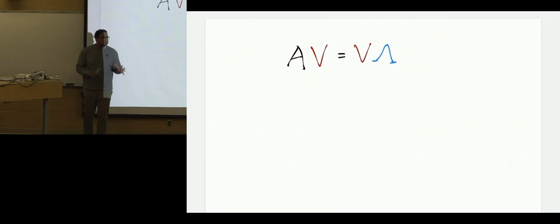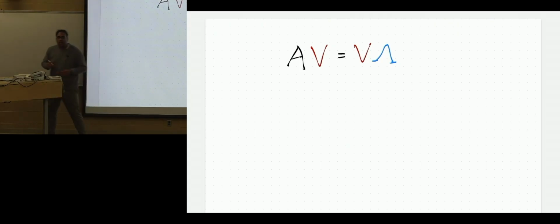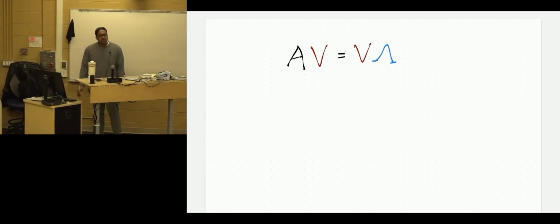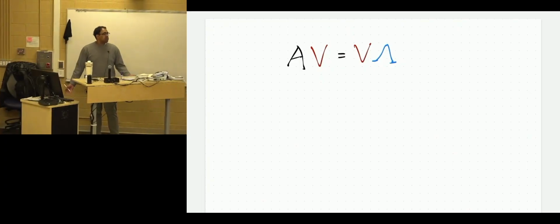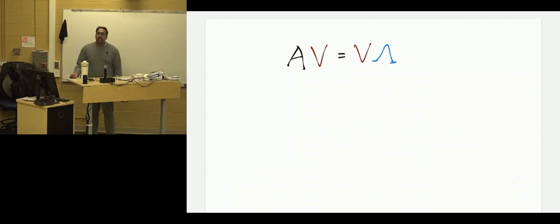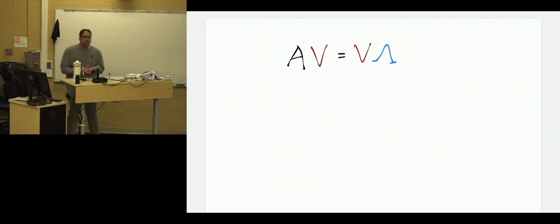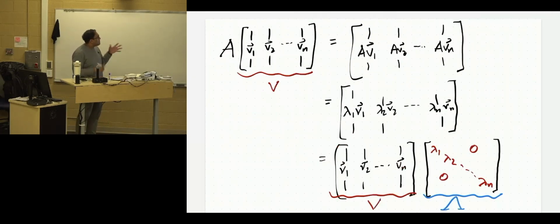Vectors would have to be linearly independent. Exactly. All of the V's, V1 through Vn, would need to be linearly independent. But V1 through Vn were eigenvectors of A. So that's why the linear independence of eigenvectors is important. If A has n linearly independent eigenvectors, then this matrix V, made up in its columns of the eigenvectors of A, is invertible.